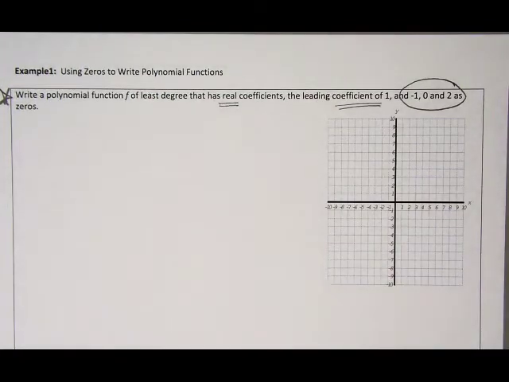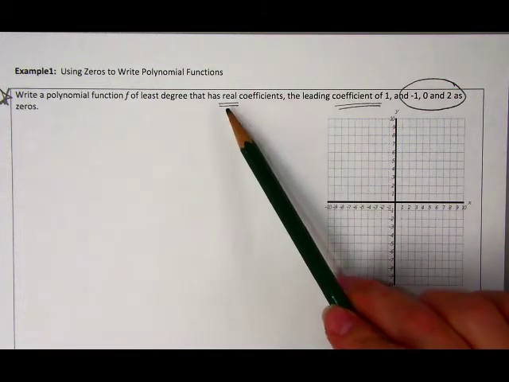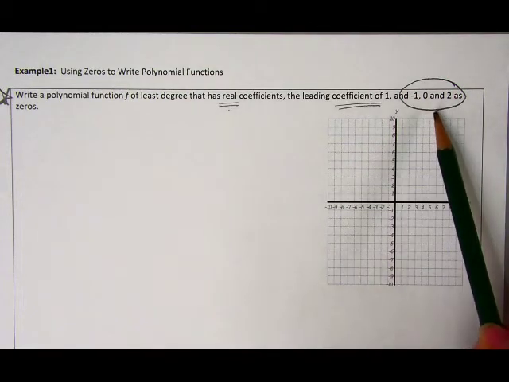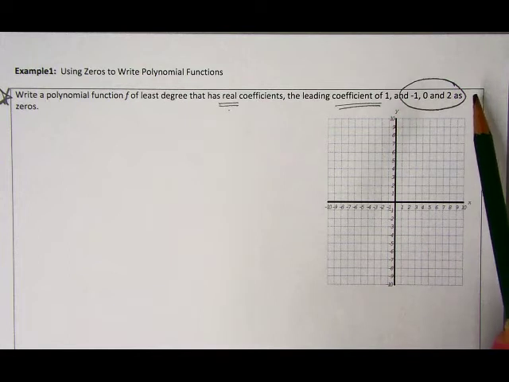And we have 3 zeros. Right off the bat, if you have 3 zeros, you're looking at probably a cubic, especially with real coefficients, because you have 3 x values here.